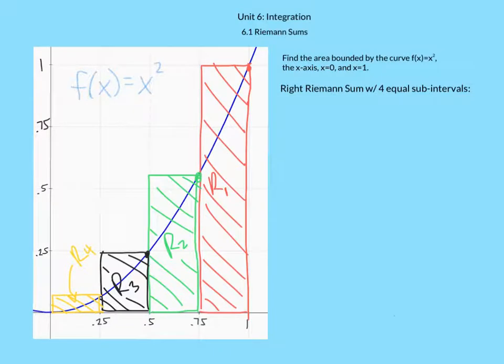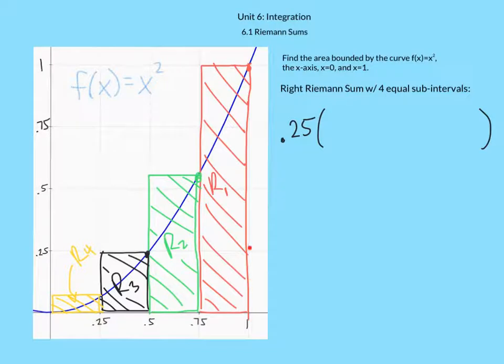All right, is there an easier way to go about this? Sure, there definitely is. We know that the base of each one of these is 0.25. So essentially we're taking 0.25 and we're multiplying 0.25 by 4 different heights. So I can basically take 0.25 out front and then just have the 4 heights here on the inside. Now what are those heights?